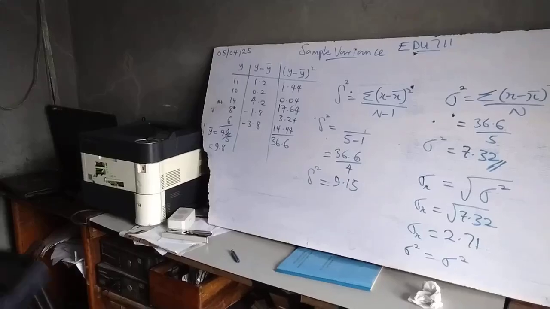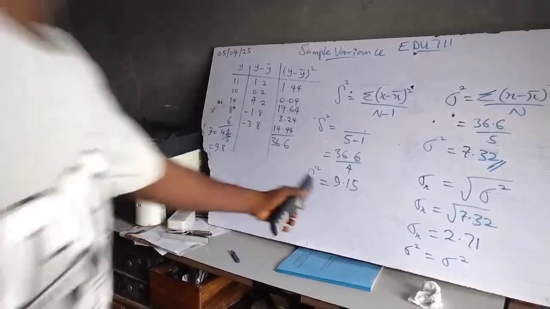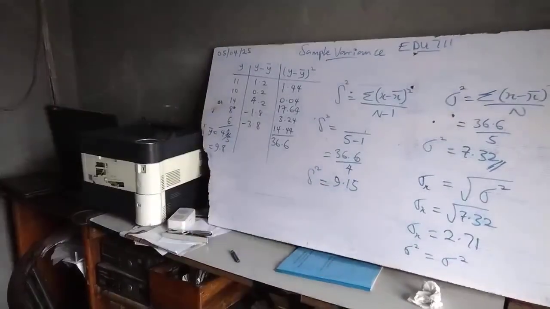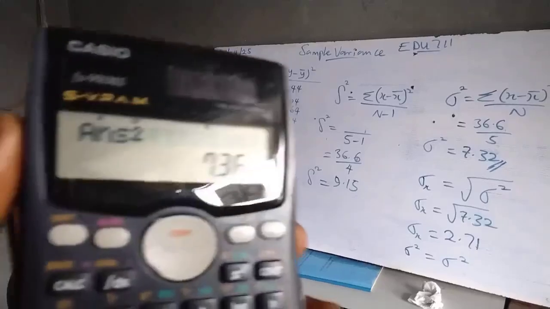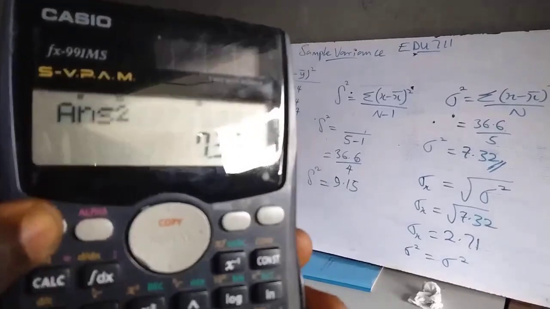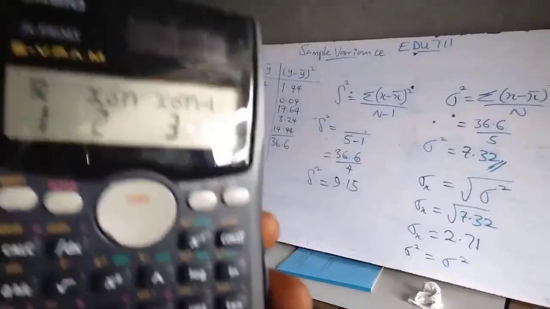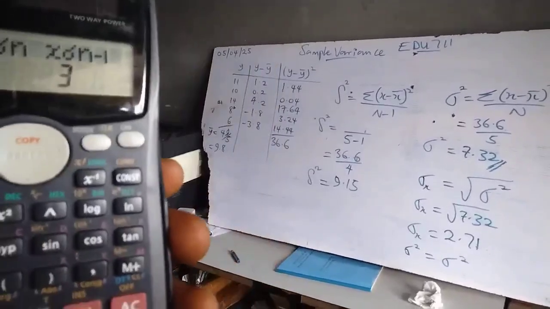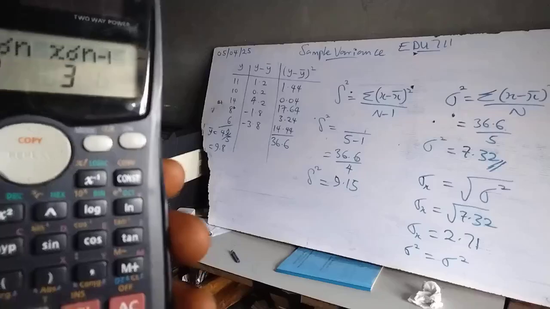So when you have your calculator, let's also check to see if we get something similar. We still have the value here. Just press shift and press 2. So it takes you here.